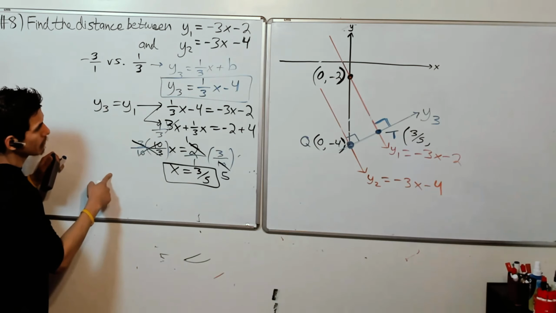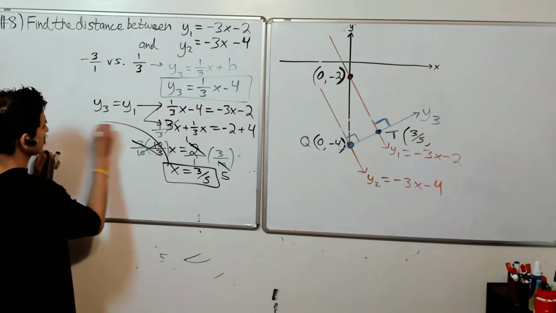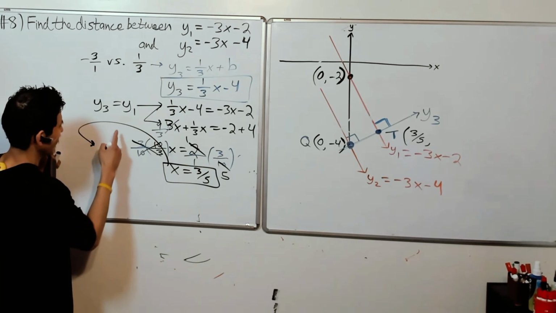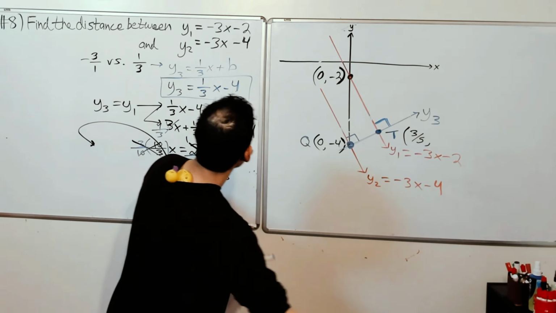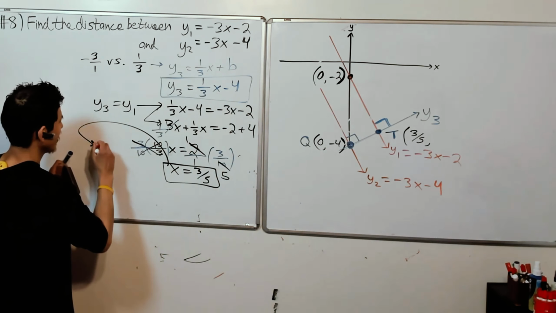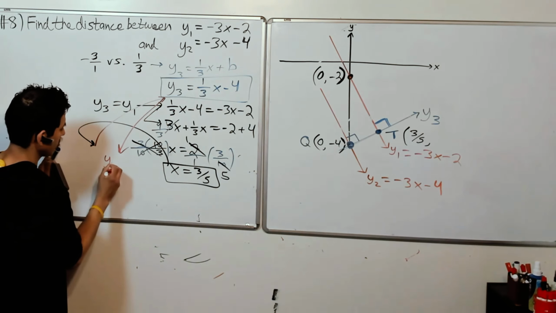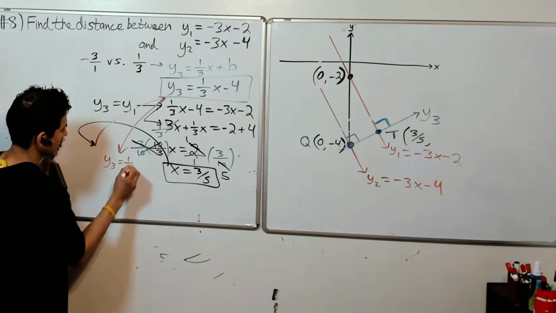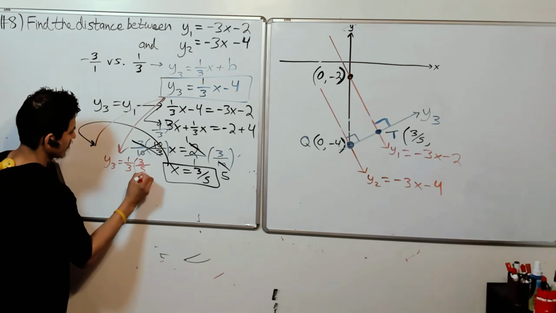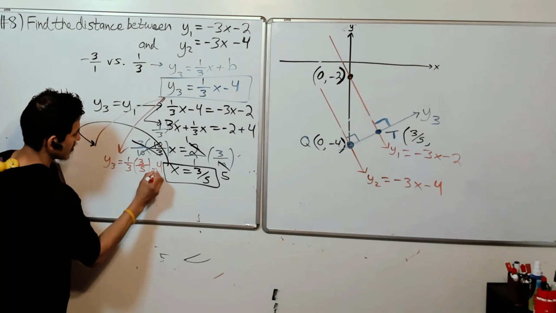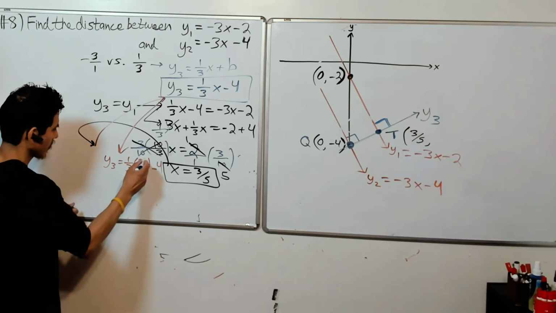So plug in 3/5 into y3. So just coming down, we'll go y3 equals 1/3 times 3/5 minus 4. 3's cancel.